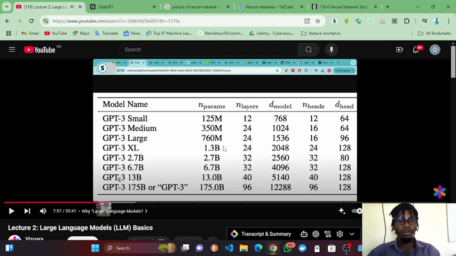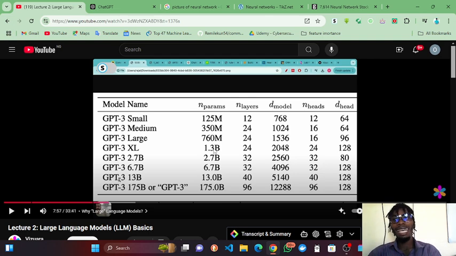What the doctor is trying to let us know is that with the foundational GPT, the first one used 125 million parameters. They kept increasing the parameters until it was 1.3 billion.